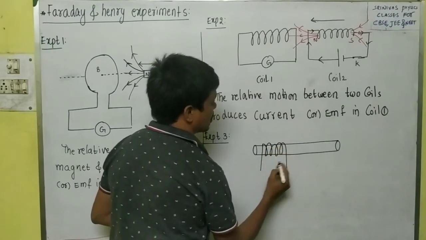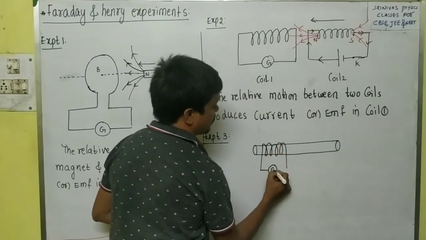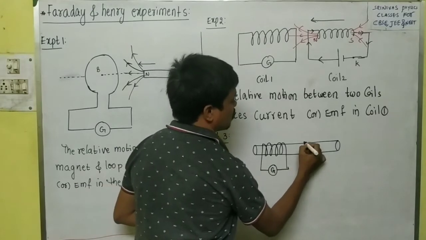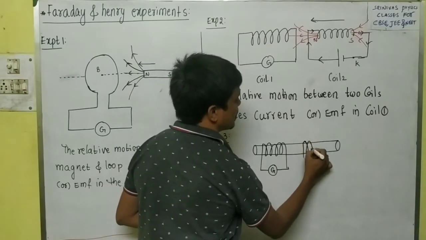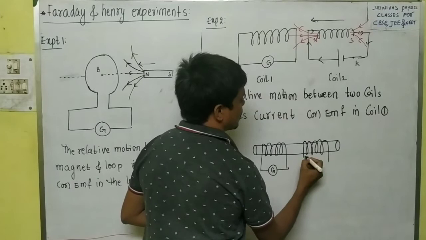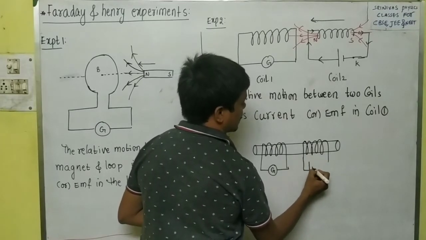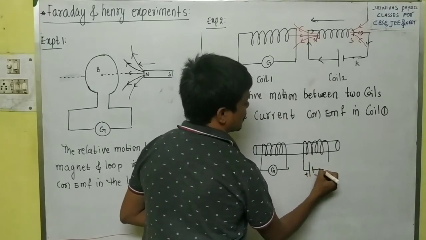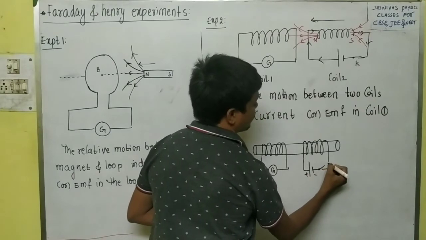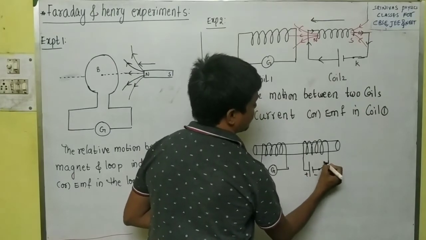And here one galvanometer is connected, and here one more coil is there, and this coil is connected to the battery and a plug key.